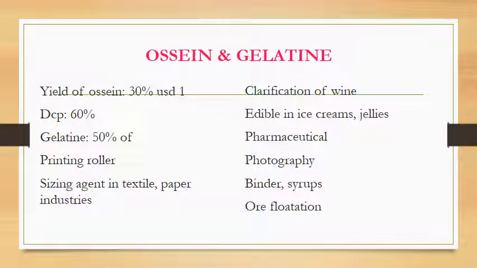It is used in clarification of wine, and a major use is in the food industry as a stabilizer, especially in ice creams and jellies. Another major use is in the pharmaceutical industry for making capsules, and it is also used in photography, as a binder, in syrups, or in ore flotation. So there are so many uses of gelatin.